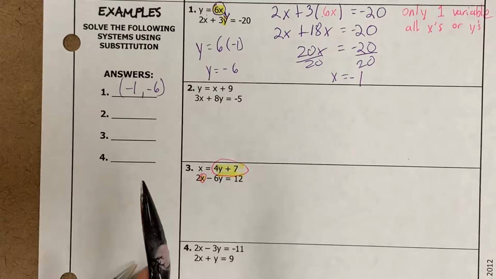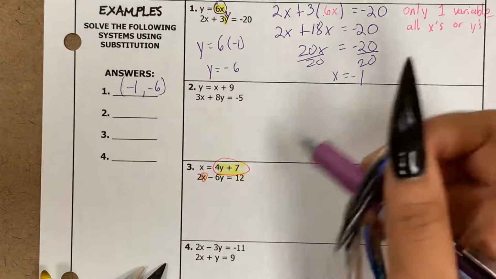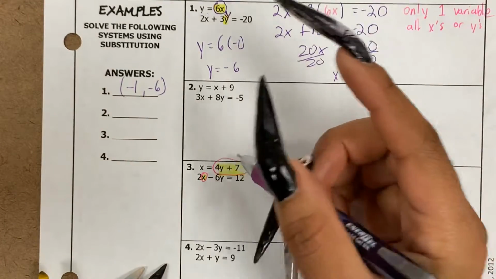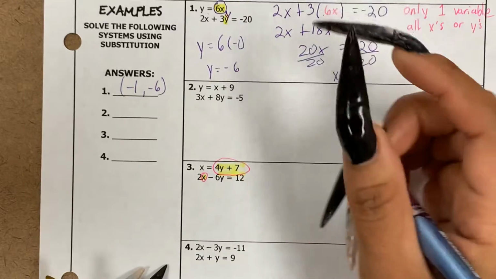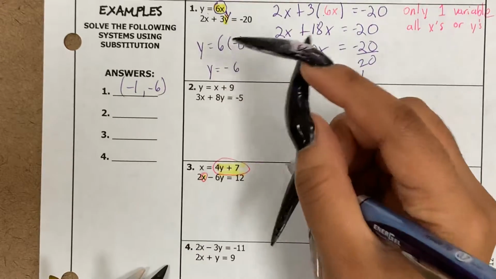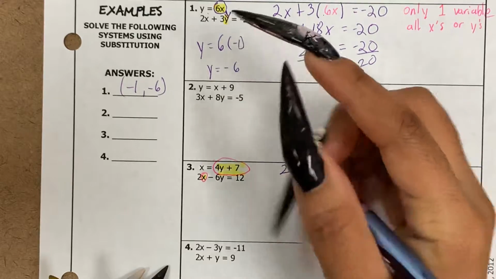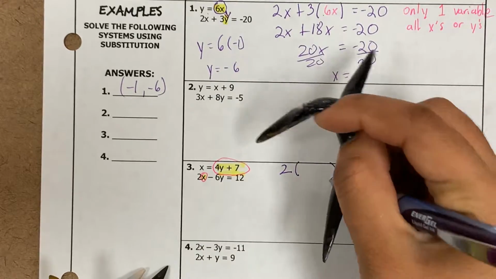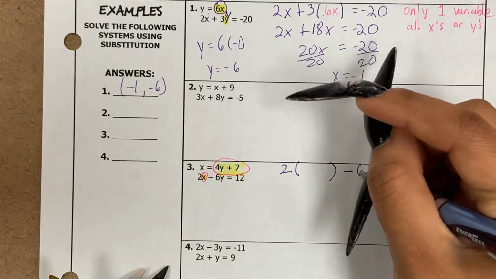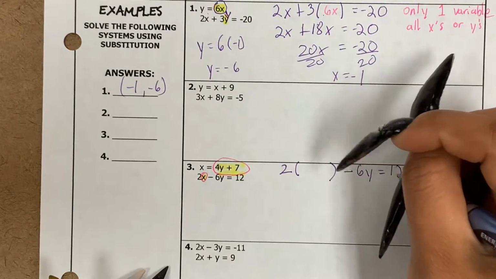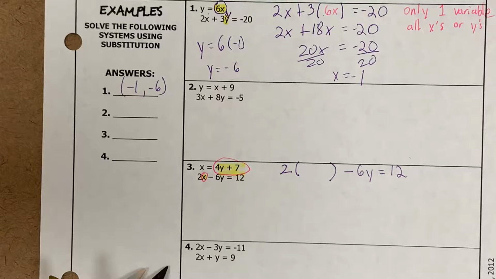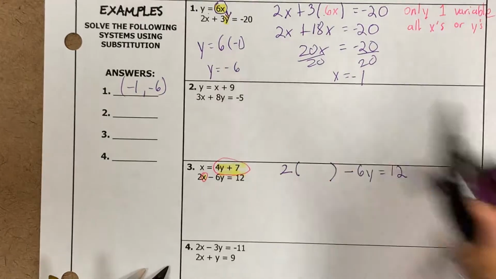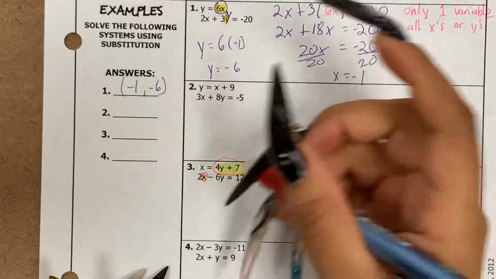So I'm going to take the x out and replace it with what x is equal to, which is 4y plus 7. So I'm going to rewrite. Instead of x, I'm going to put parentheses. So where the parentheses is, I'm going to put what x equals.